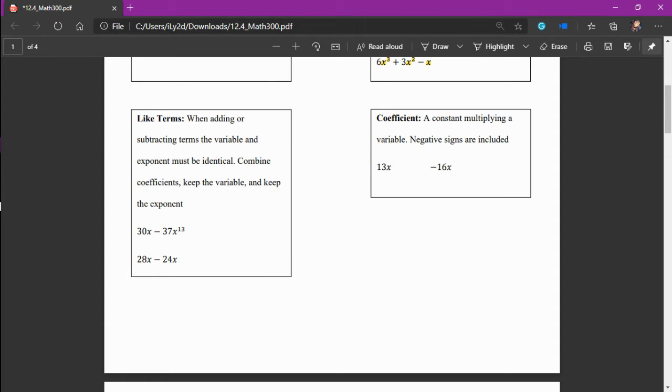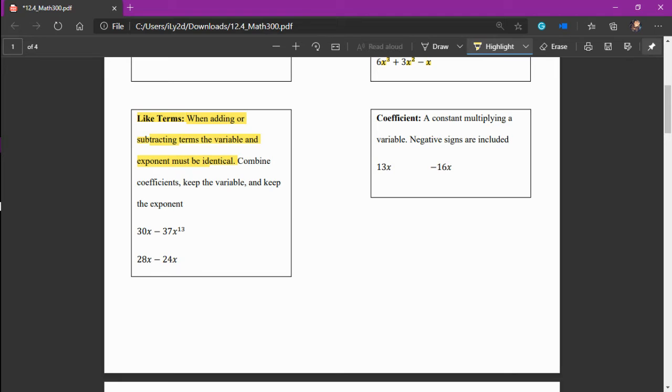The number 5 and the number 6 are alike. It's similar here as well. So in our polynomial problems, like terms, where's my highlighter? Like terms: when adding or subtracting, the variable and exponent must be completely identical. You have to have the same base and the exact same exponent.